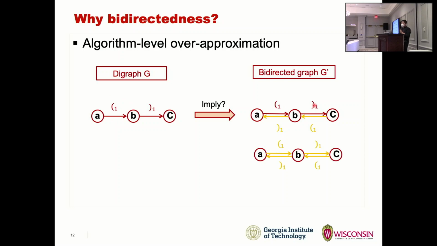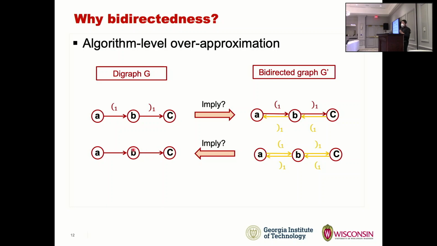Let's take a look at the inverse direction. Suppose that in your bidirected graph, two nodes are reachable. Can we infer that the two nodes are reachable in the directed graph? The answer is no, because if we begin with the directed graph, we don't even know which edge is the red edge. For each case, there are two types of edges, so there are 4 possibilities.